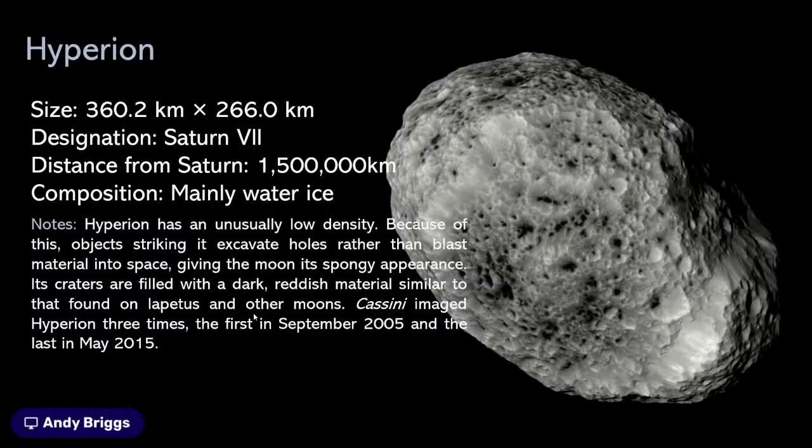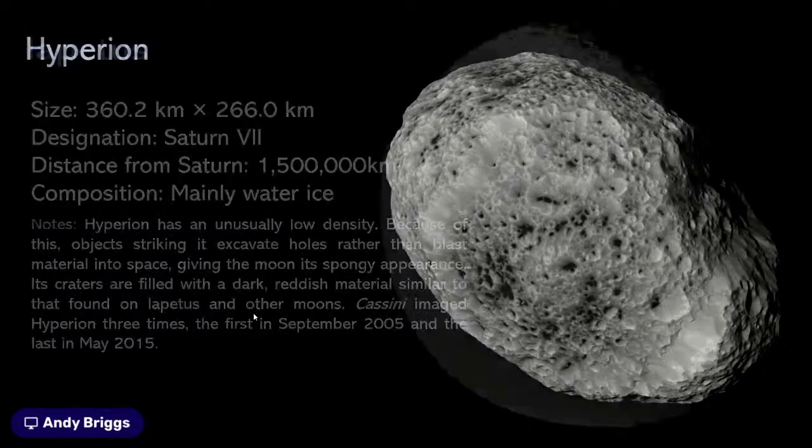The bottom of the craters is a very dark reddish material, similar to the material that we find on some of the other moons like Iapetus, and that's why the crater bottoms appear dark. Complex organics are found in this material on some of the other moons. So it's to be assumed it's virtually the same here.